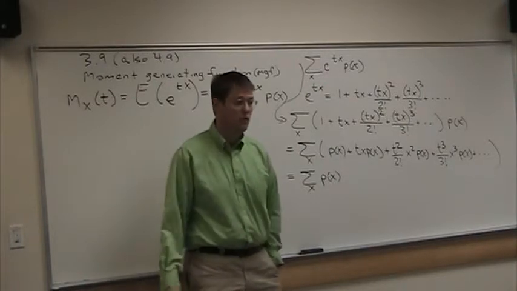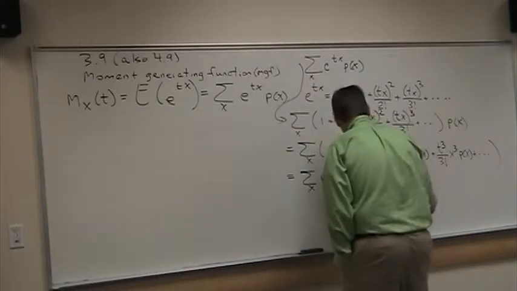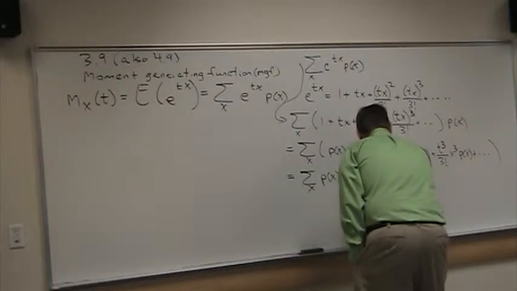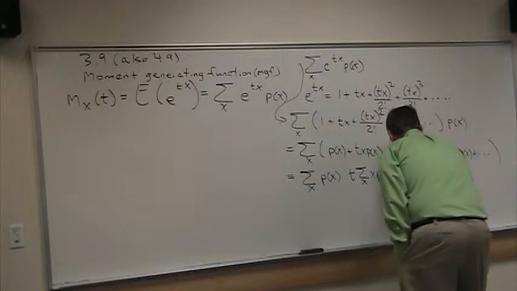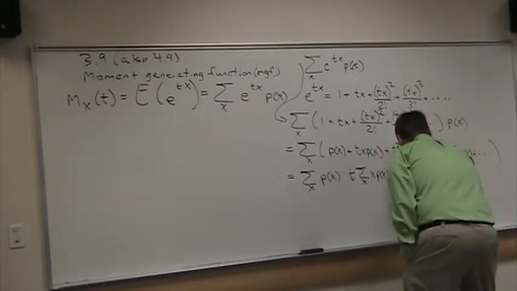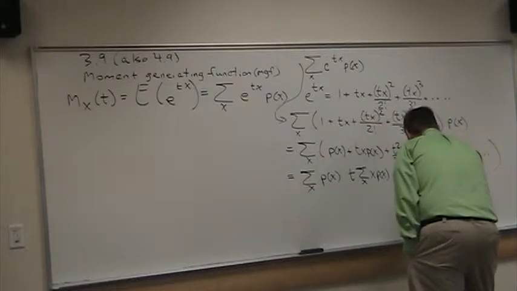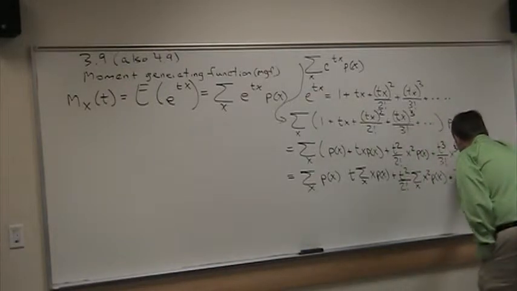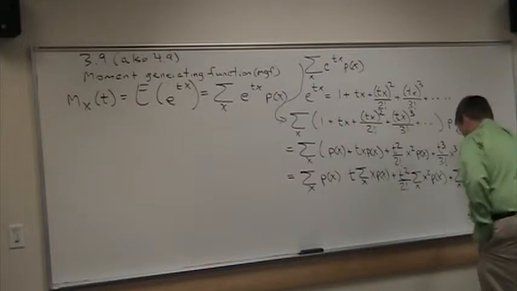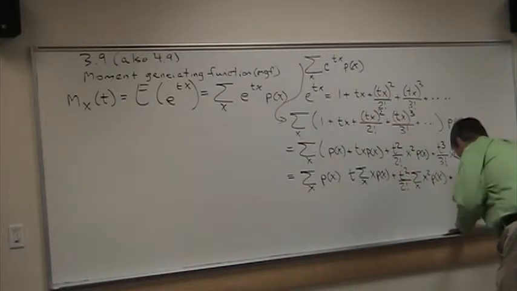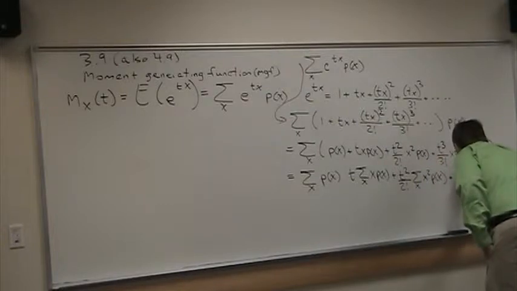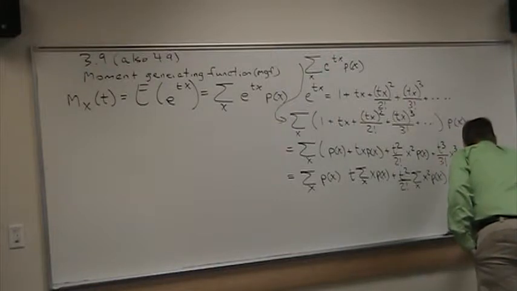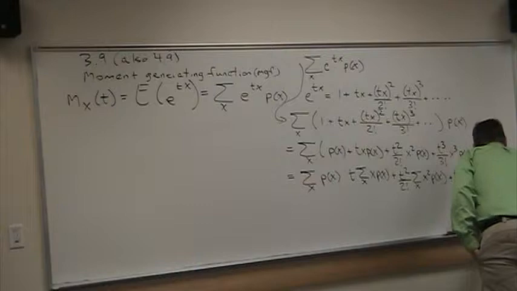The t and the coefficient, so this becomes t times the sum over all x of x times P of x plus t squared over 2 factorial times the sum over all x of x squared P of x plus, let's pull that t, t cubed over 3 factorial times the sum over all x of x cubed P of x, and this keeps going on.